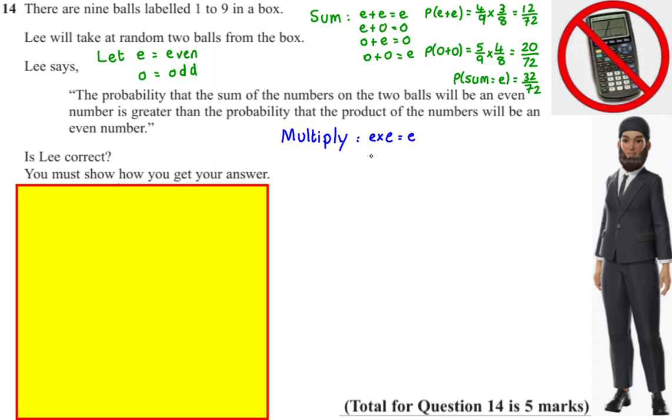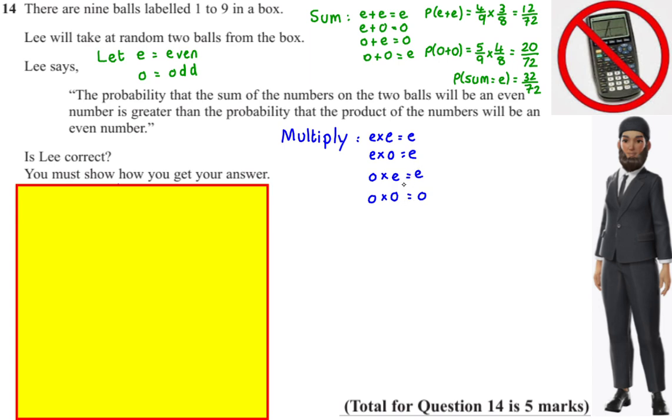If you multiply an even by an odd, you get an even. If you multiply an odd by an even one more time, you get an even. And if you multiply an odd with an odd, this time around you get an odd. So the ones that we're interested in are the first 3.